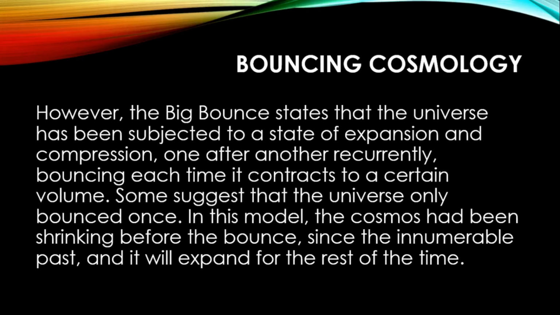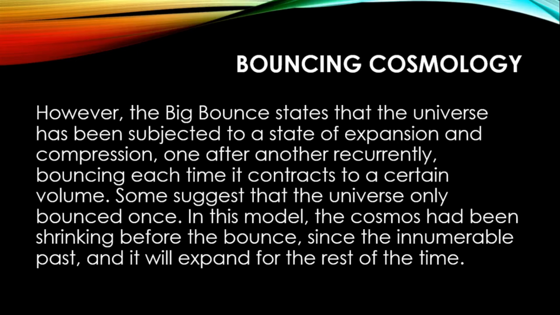However, the Big Bounce states that the universe has been subjected to a state of expansion and compression recurrently, bouncing each time it contracts to a certain volume, and some suggest that the universe only bounced once. In this model, the cosmos had been shrinking before the bounce, since the innumerable past, and it will expand for the rest of time.